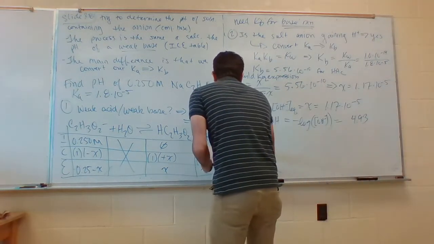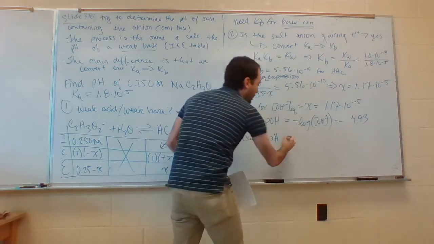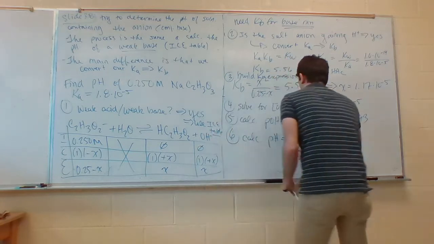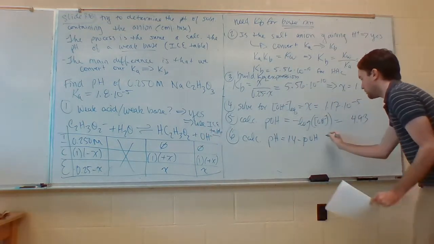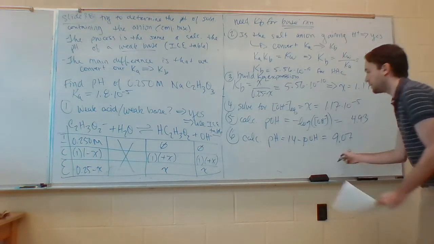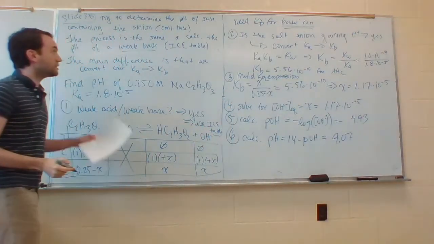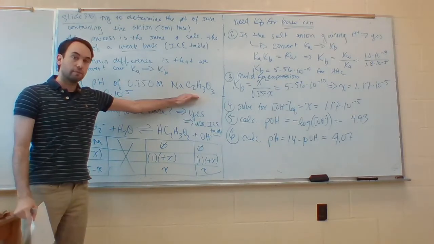Our last step is then to calculate the pH, and our pH is equal to 14 minus my pOH, which means that I'm going to get 9.07 as my pH for our system where I added only a salt.